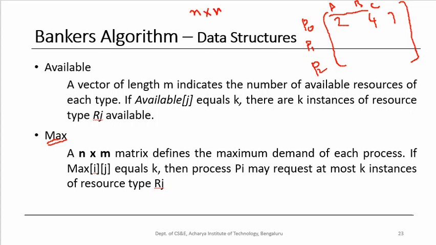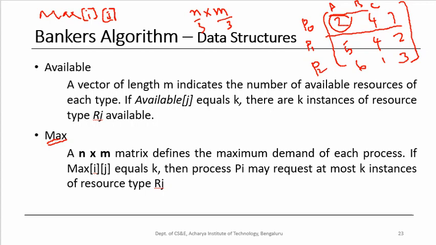The order of the matrix is n into m. The n value is equal to 3, that means there are 3 processes, and the m value is also equal to 3, that means there are 3 types of resources in the system. Now we build the matrix like this. If you take a particular element in this matrix, that is max of i comma j, what is the value of i here?